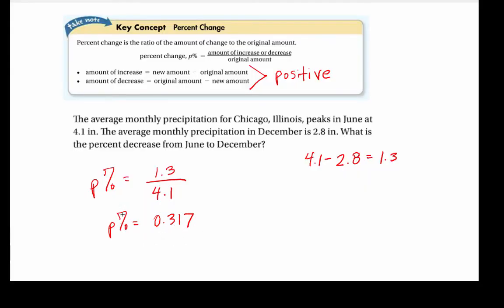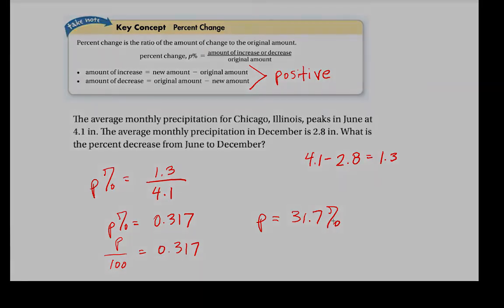Here we have to do something, back from our original problem: p% really means p over 100 equals 0.317. Thinking back to our percent proportion, to solve for p and find the actual percentage, I multiply both sides by 100. So this is 31.7%. That's the percent change here. So the monthly precipitation in Chicago, Illinois from June to December is approximately a 31.7% decrease.